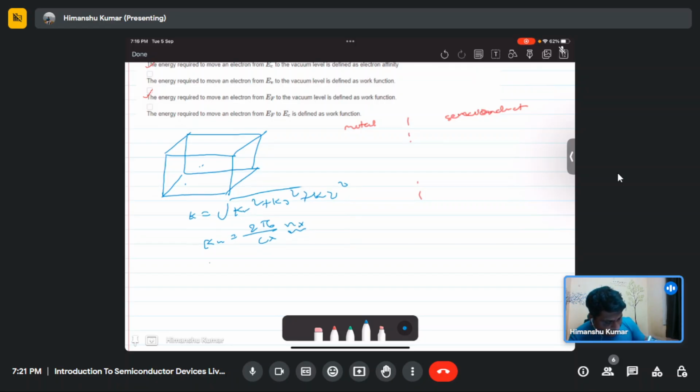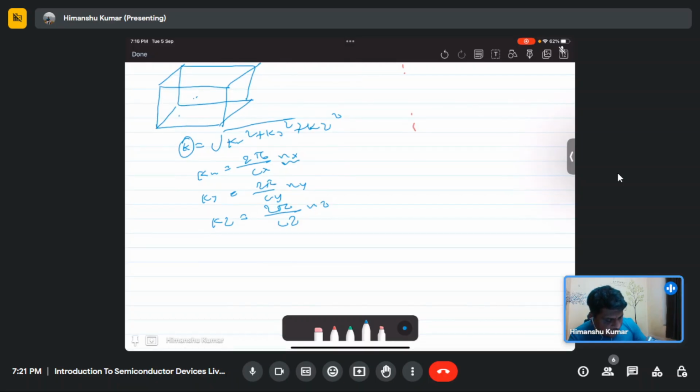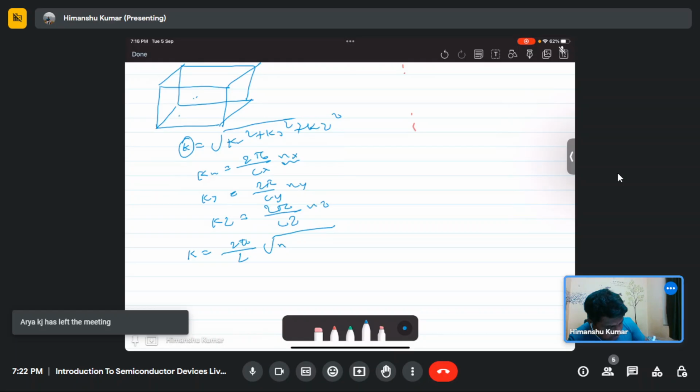Similarly, ky is 2 pi by Ly times ny, and kz is 2 pi by Lz times nz. If you take Lx, Ly, Lz as constant, then k equals 2 pi by L times the square root of nx square plus ny square plus nz square.